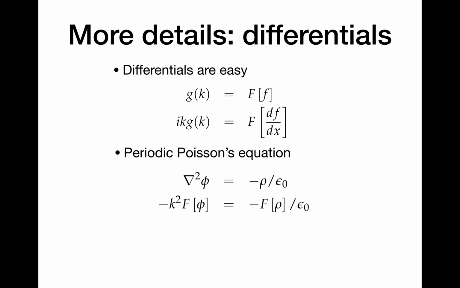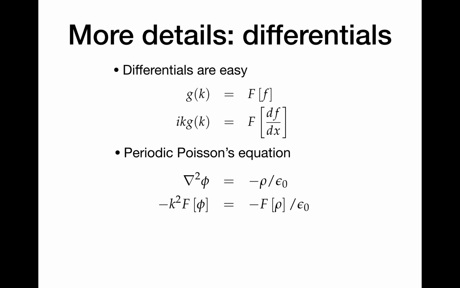So typically what people will do when they're using this kind of technique is either have a charge neutral system, or else if they have a non-charge neutral system, they will just set that k equals 0 value of the Fourier transform of rho to 0, to reflect the fact that it should not have an infinite energy.